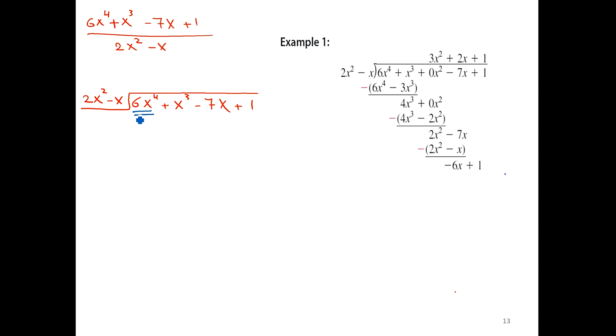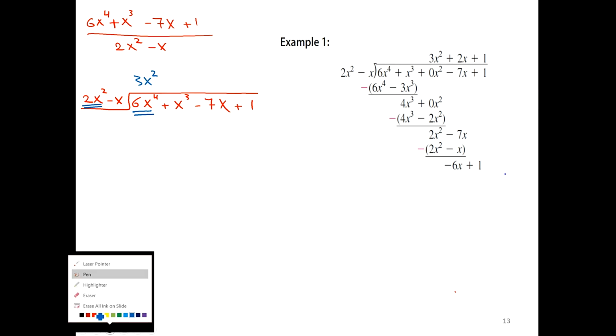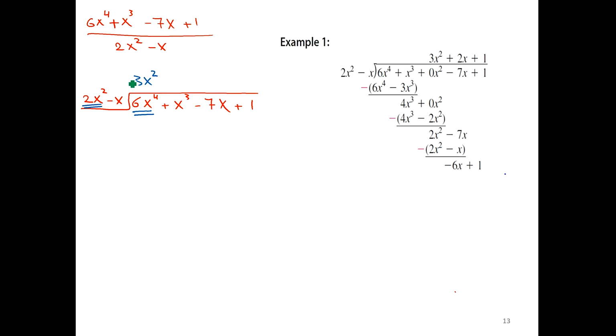divide the first term over the first term. This is equal to 6 over 2, 3. x^4 over x^2, we have x^2. Now, multiply this by 2x^2 - x.